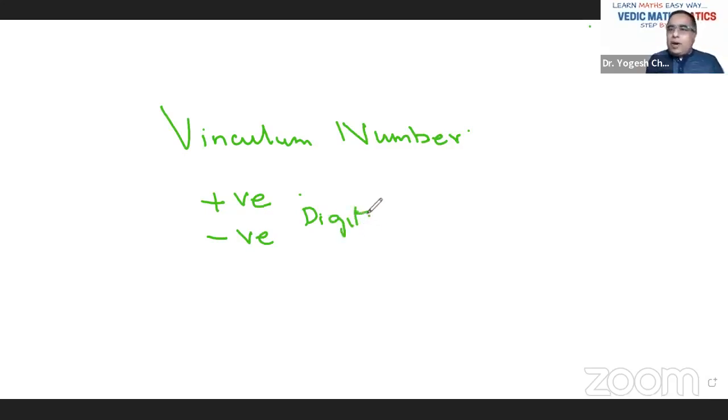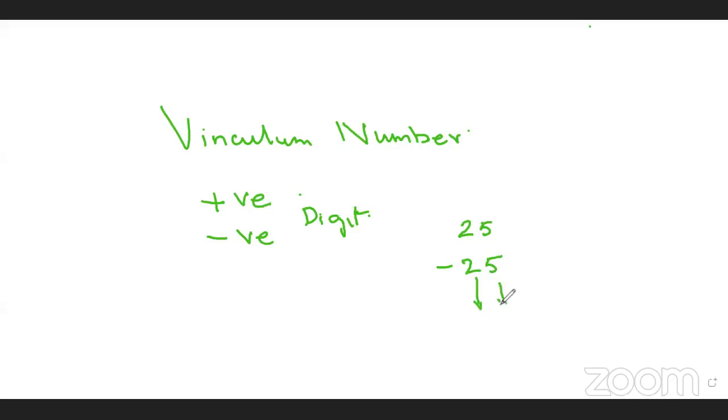If you talk about any normal number, say 25, we say it is a positive number. If we have minus 25, we say the entire number is negative. Do we say that 2 is positive here and 5 is negative?